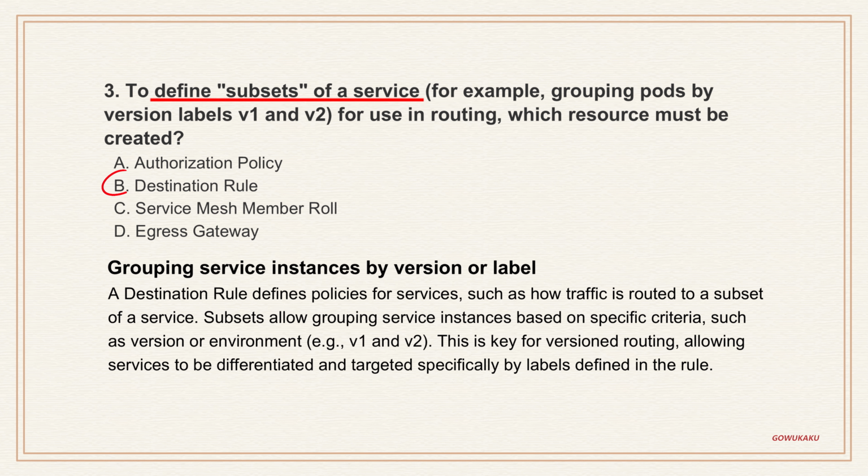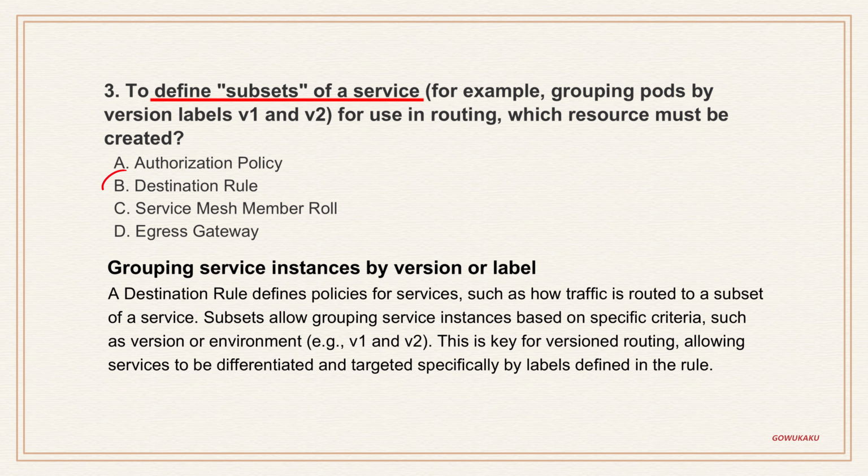And second, it defines policies that apply to those subsets, things like specific load balancing algorithms or connection pool settings. So the virtual service says, send 10% of traffic to the V2 subset. And the destination rule says, by the way, the V2 subset is any pod with these labels, and when traffic gets there, use round-robin load balancing. You got it. It separates the highly dynamic routing logic from the stable operational policies. It makes perfect sense for scalability.